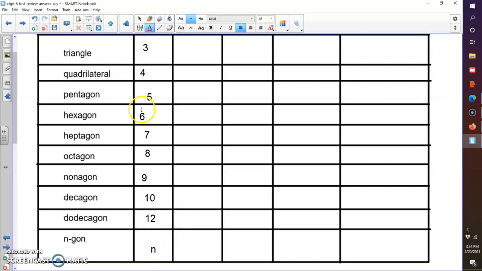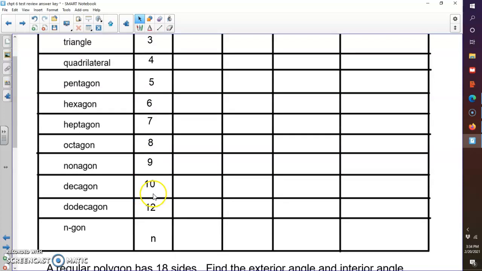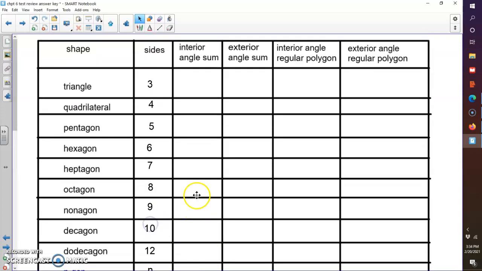So essentially a triangle has 3 sides, a quadrilateral has 4, a pentagon has 5 sides, hexagon has 6 sides, heptagon 7 sides, octagon 8 sides, nonagon 9 sides, decagon 10 sides, dodecagon 12 sides, and an n-gon has n sides.